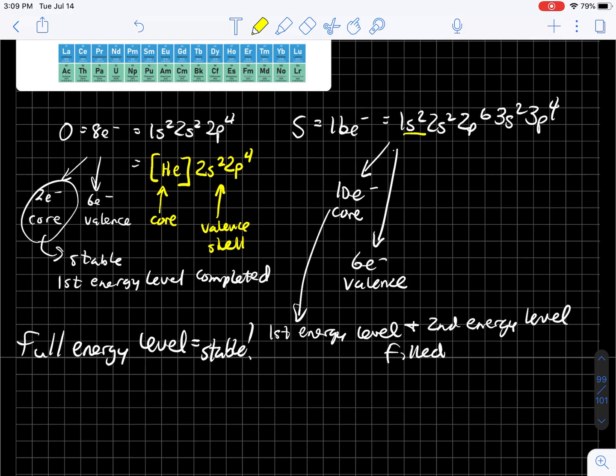Here, we said that there are 10 core electrons, so the first and second energy levels are filled. And we could rewrite this, the element with 10 electrons, as neon. So we rewrite this as a neon core, and then 3s2, 3p4.